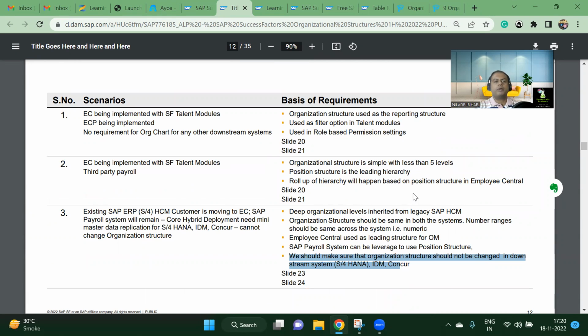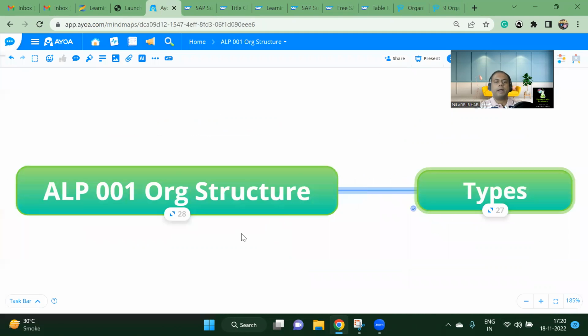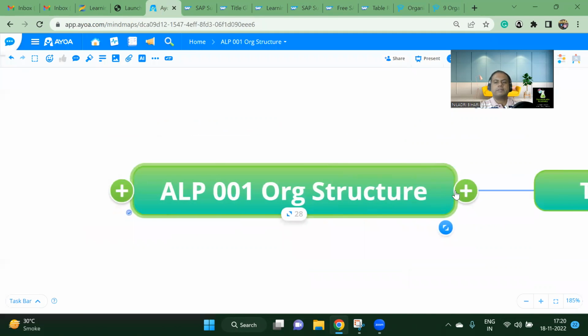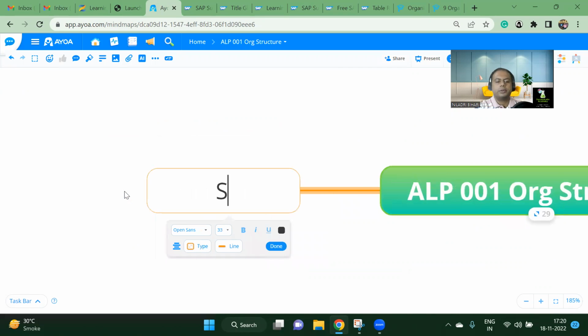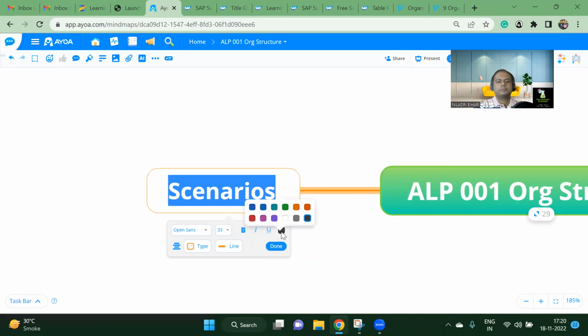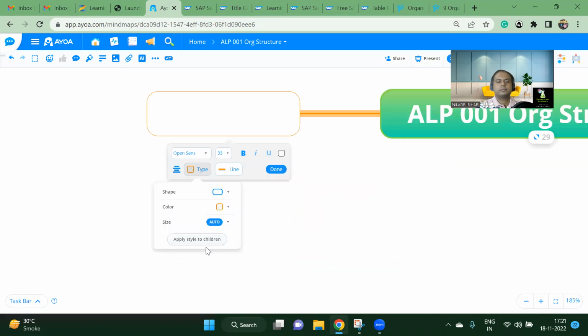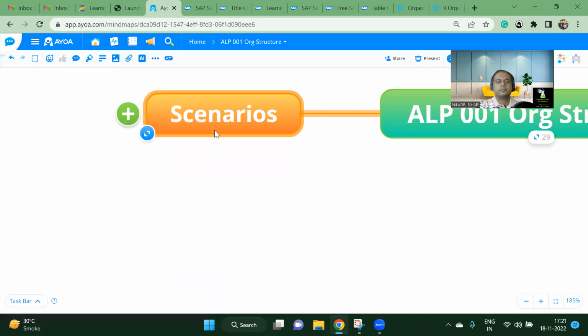Okay. So what we talked about, now coming to our mind map. We have seen 3 types of scenarios.